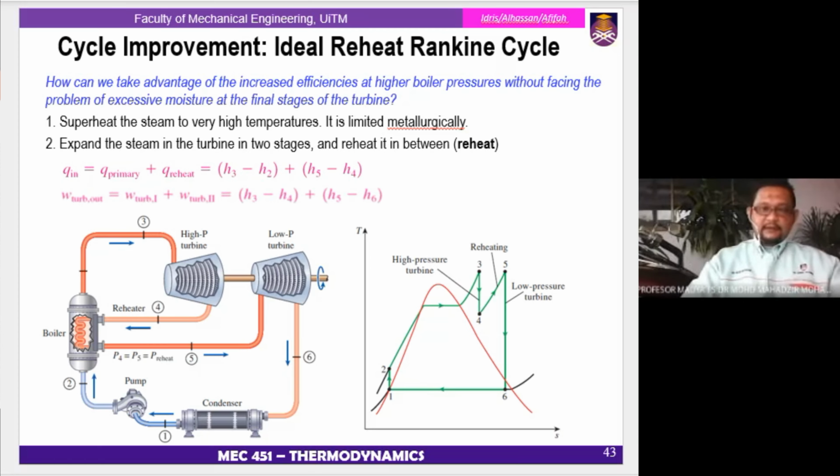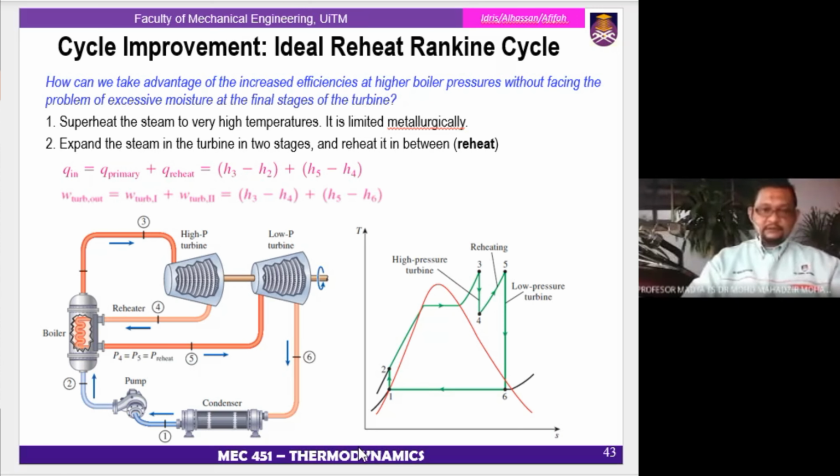The steam that comes out of the first turbine, called the high pressure turbine, will have less energy than the original.